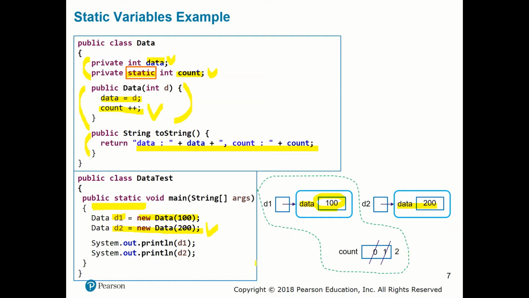So this is the D2 object. Can you see here? Count is shared by D1 and D2. This is a static variable. Can you understand this one? This is very important. The static member is shared by all objects of that class, and it exists even if there is no object.